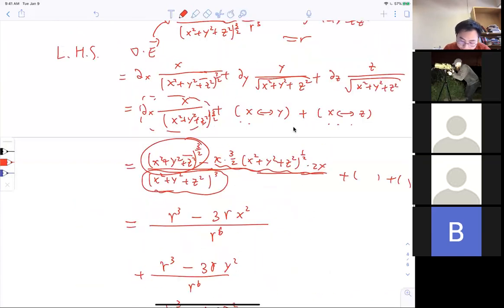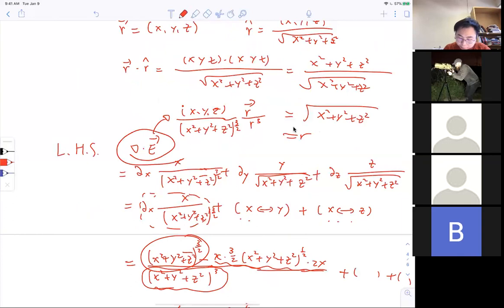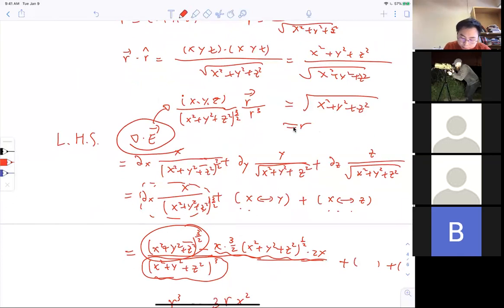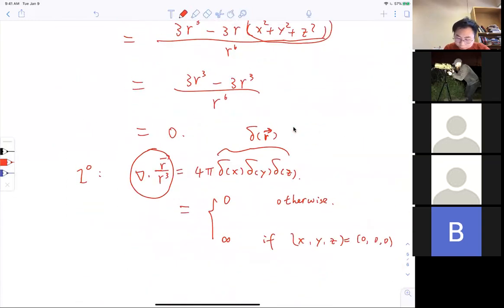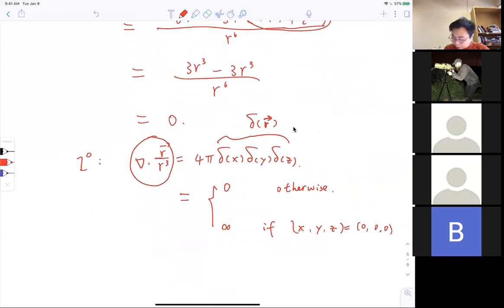Basically, what we calculated through this naive calculation is only the divergence of this electric field outside the origin. We have no idea about the divergence at the origin, this 0, 0, 0 point, because there is a singularity.